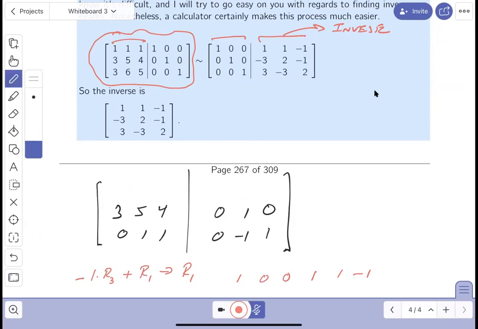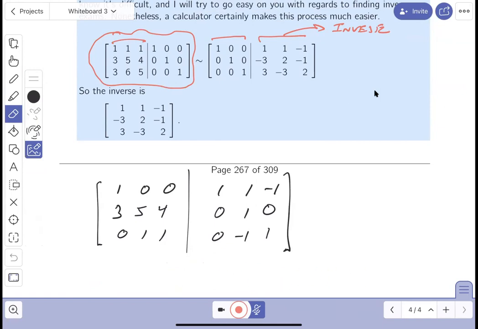And what do you get there? You get 1, whoops, go back to black. 1, 0, 0, 1, 1, -1. I'm going to erase. And again, I can't say this enough times. Erasing is very bad news, but sometimes you have no choice.